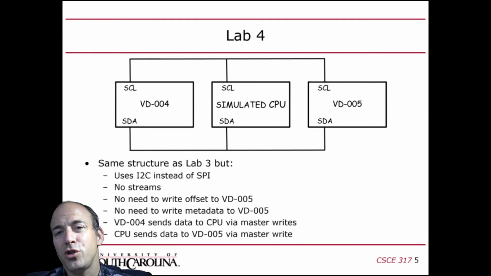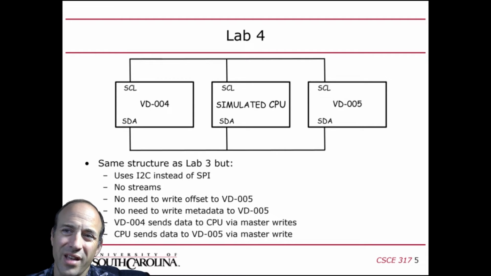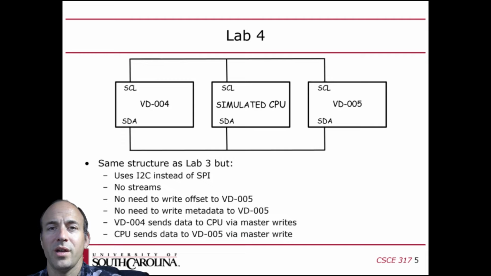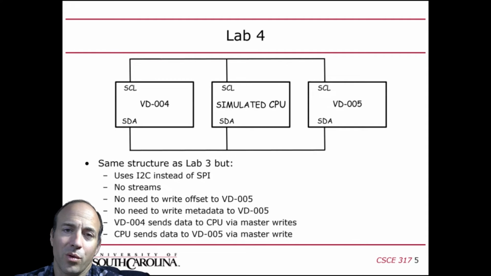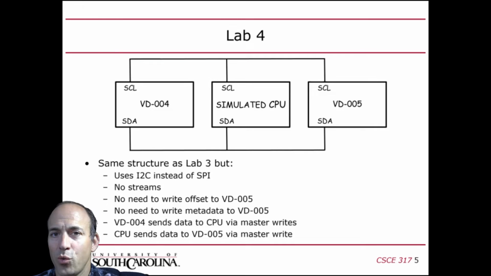So basically, every 200 clock cycles, the sensor will send a new master write to the CPU, right? And then that's not exactly accurate. It's not every 200 cycles. It's after the sensor's been idle for 200 cycles. So in other words, the sensor will give the CPU 200 cycles to do whatever it needs to do in between its master writes to the CPU.